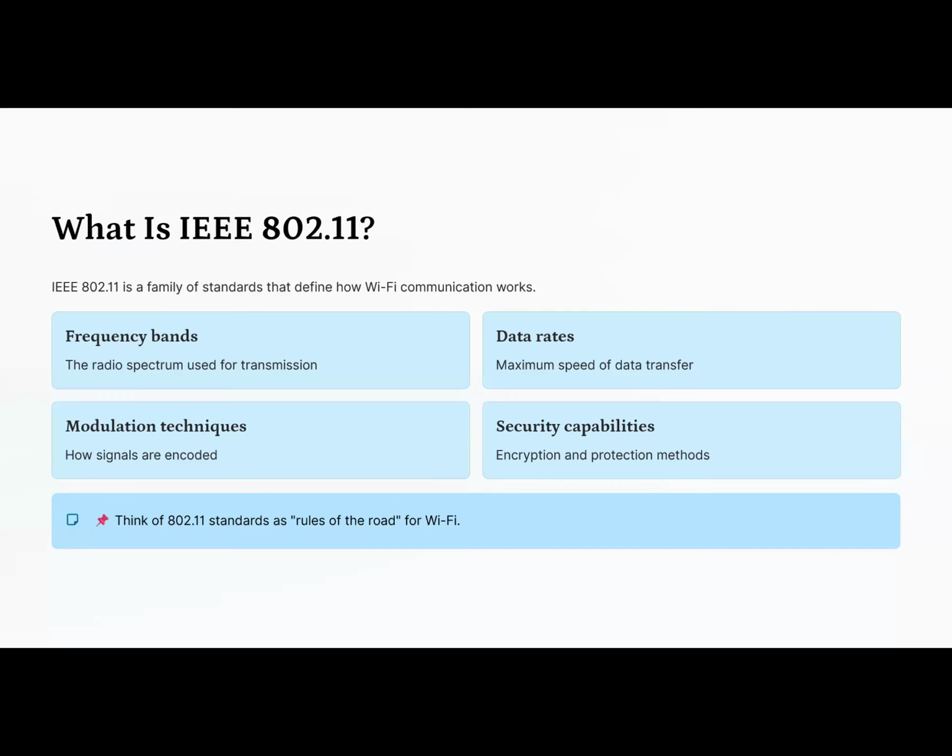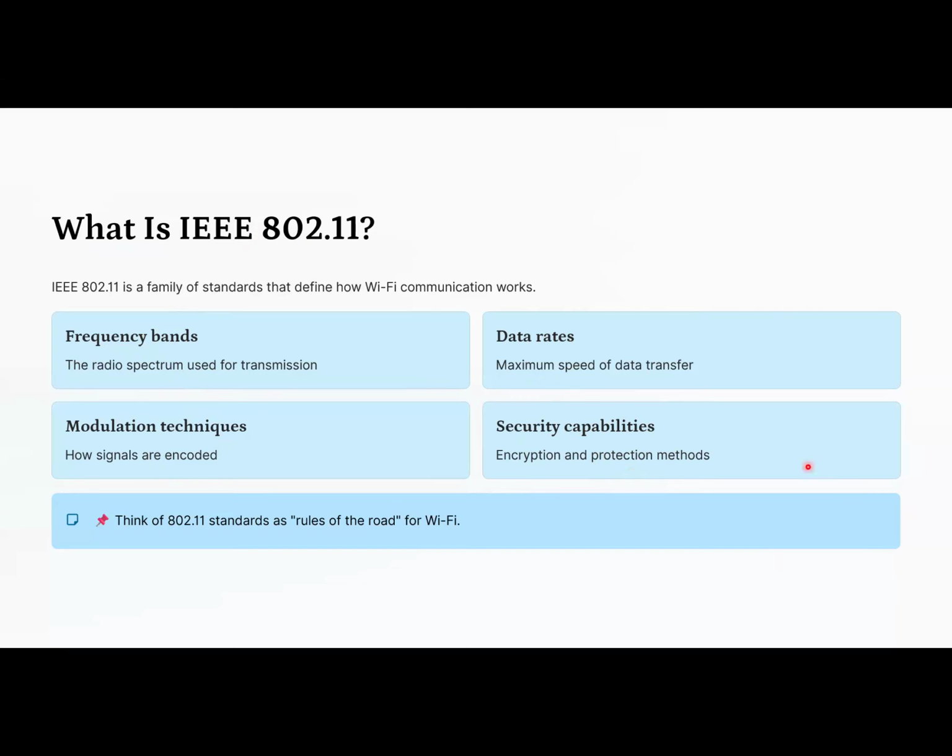So for the 802.11, these are the four main things that define how Wi-Fi communication should work: the frequency bands, the data rates, the modulation techniques in terms of the encoding, and finally the security capabilities, high specification encryption and also the protection methods that are being used.